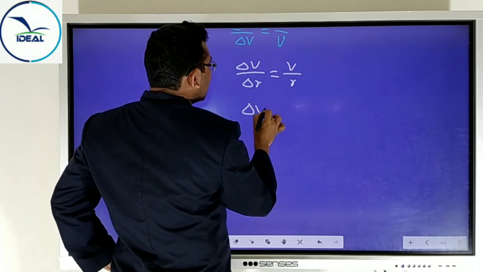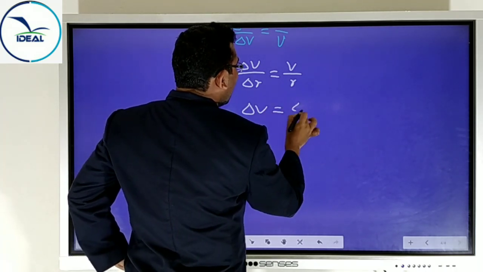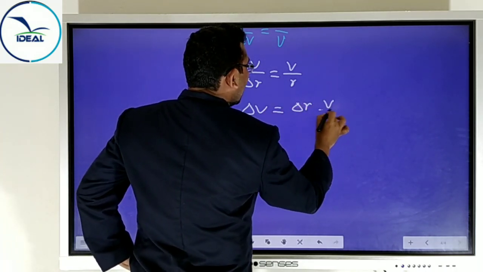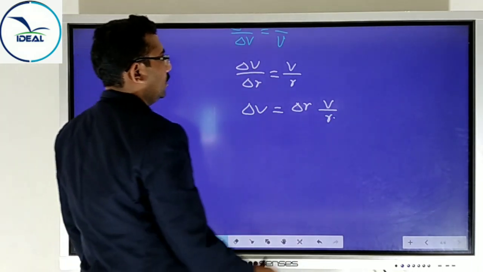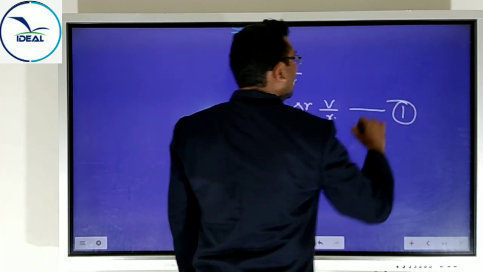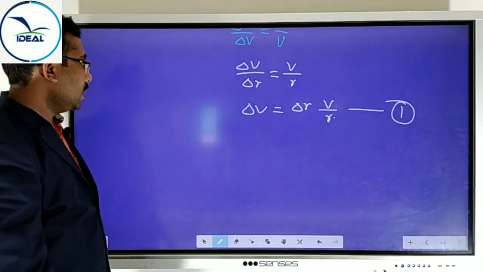Now delta V is equal to delta R into V by R. This is equation number 1.